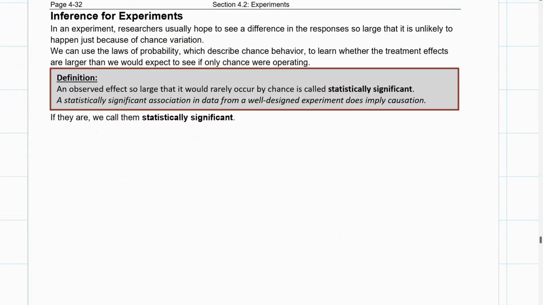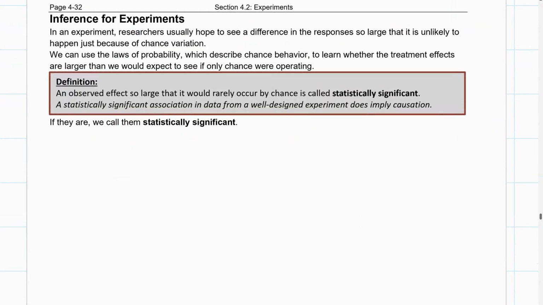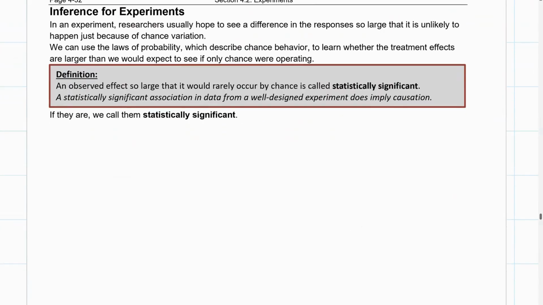Now let's change the subject a little bit and talk about one of the big reasons why we're doing all of this work, and that is to move towards, again, inference. Now, what is inference? We do an experiment and we see differences in responses. And we want those differences to be so large that they're unlikely to happen by chance variation.